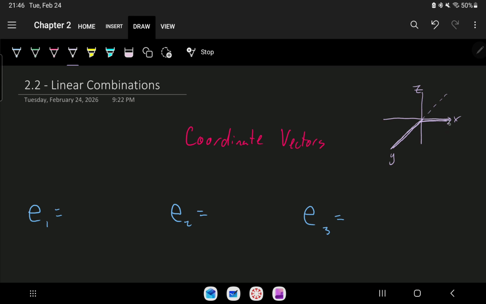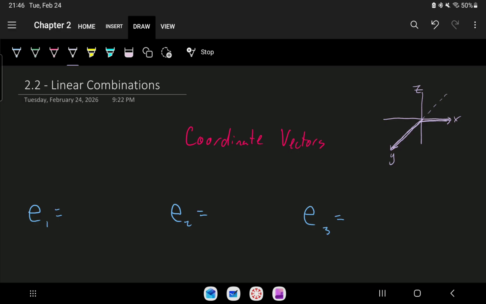So if we think about the x-axis having just an x component and the rest are zeros, or the y-axis doing the same, just the middle component being some number and the rest being zero, and same with the z-axis, we can translate this to vector form.